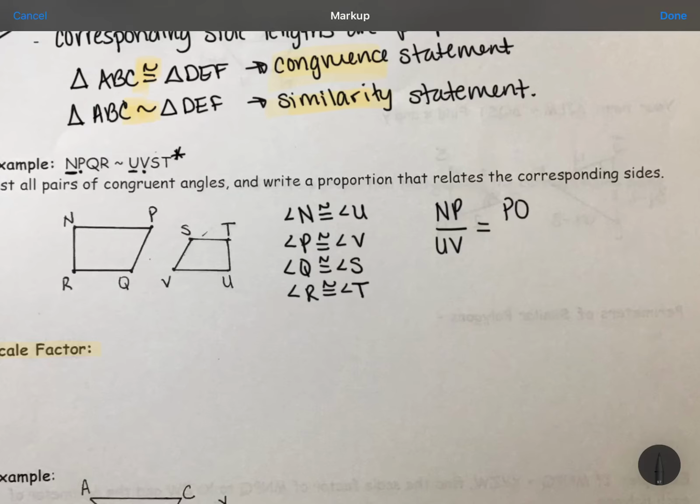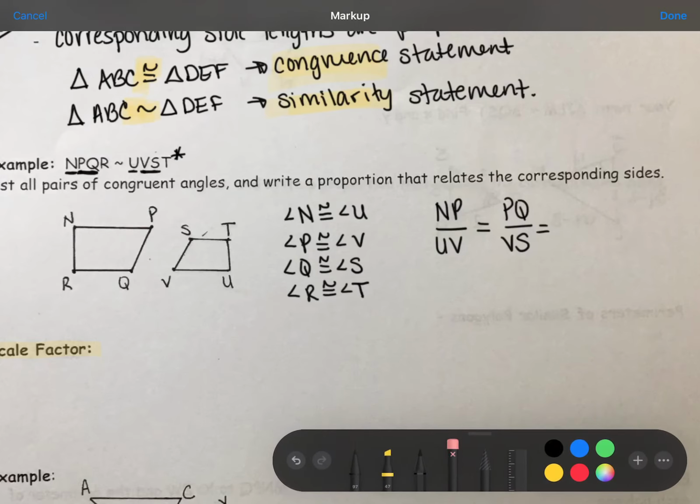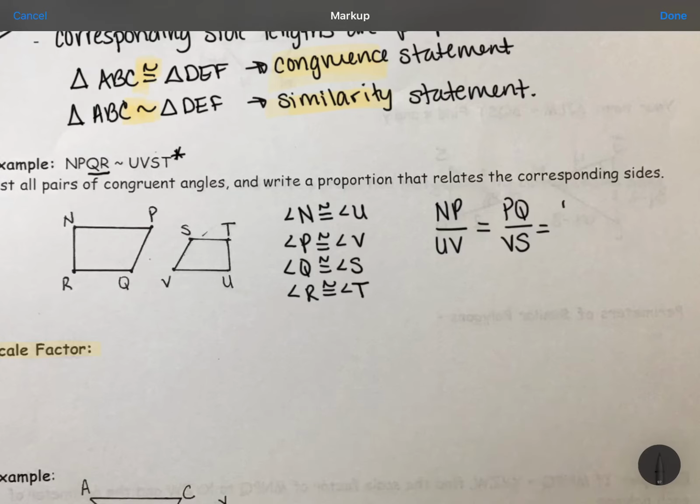My next side I can talk about is PQ. So if I look in my letters at PQ, that lines up with VS. So I'm just using that similarity statement. I never even look at my pictures of the figures because I think that can be very confusing. So I look at my similarity statement. All right, so the next side I can use is QR.